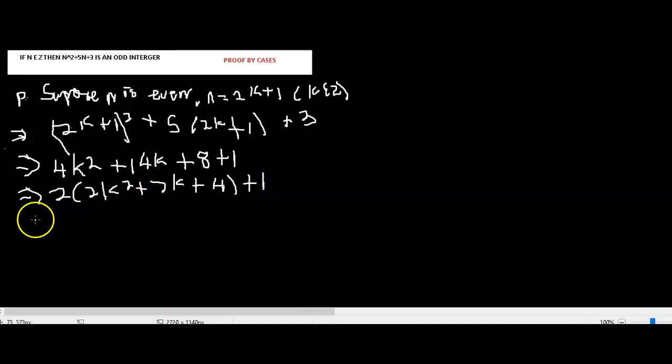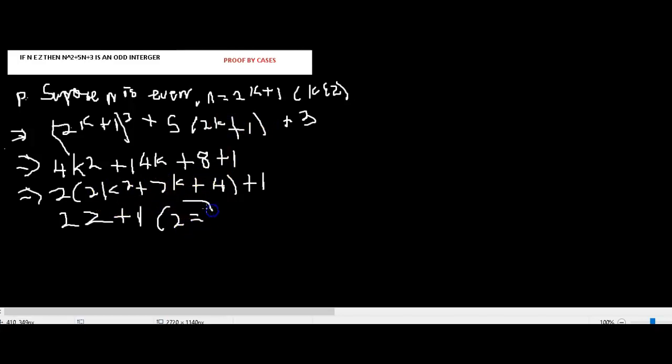Now anytime we get here, we say 2 times something in brackets, so like 2z plus 1. Z is a letter, any letter you can put, then you can say z is equal to this whole bracket.